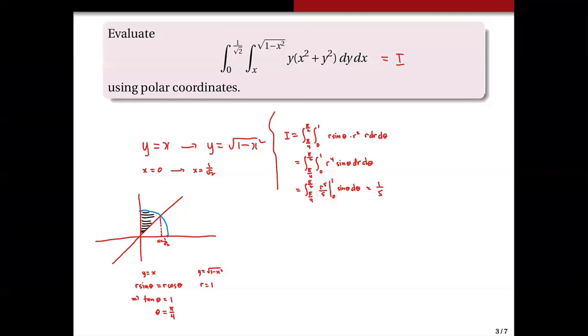And then the integral of sine theta, that's negative cosine theta. Then we evaluate this from pi over 4 until pi over 2. And of course, cosine pi over 2 is equal to 0. So 0 minus cosine of pi over 4, that's square root of 2 over 2.